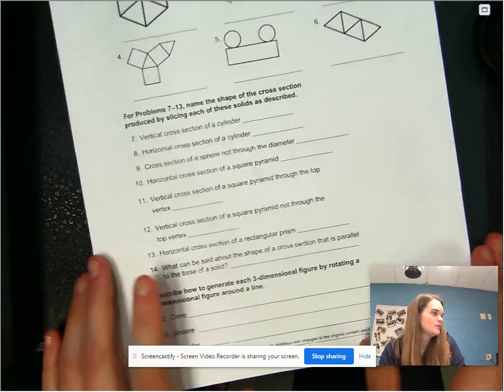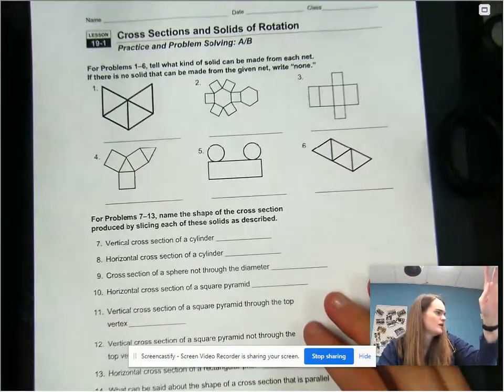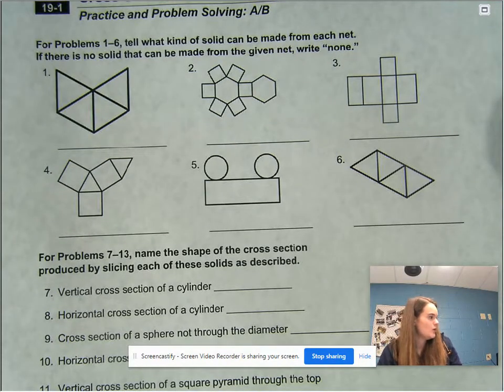Okay, and basically we're just practicing what we just did. Okay, problems 1 through 6 tell what kind of solid can be made from each net. If there's no solid that can be made with the given net, write none.